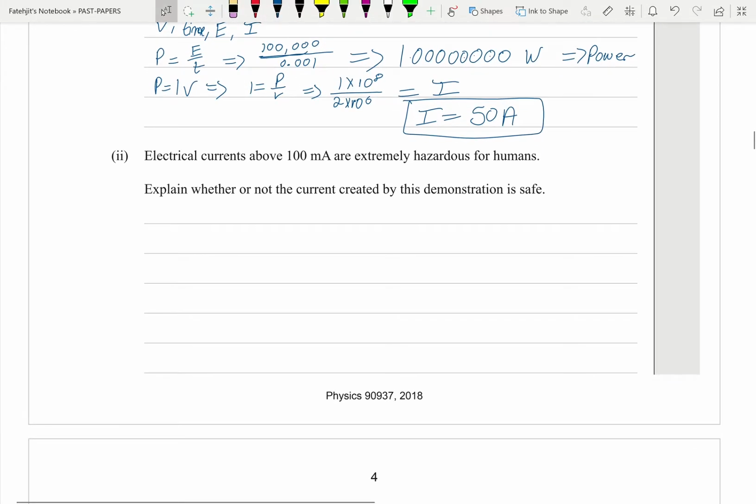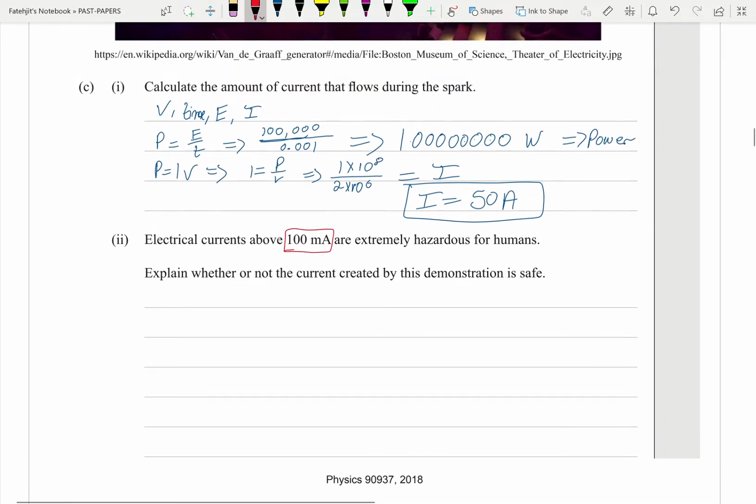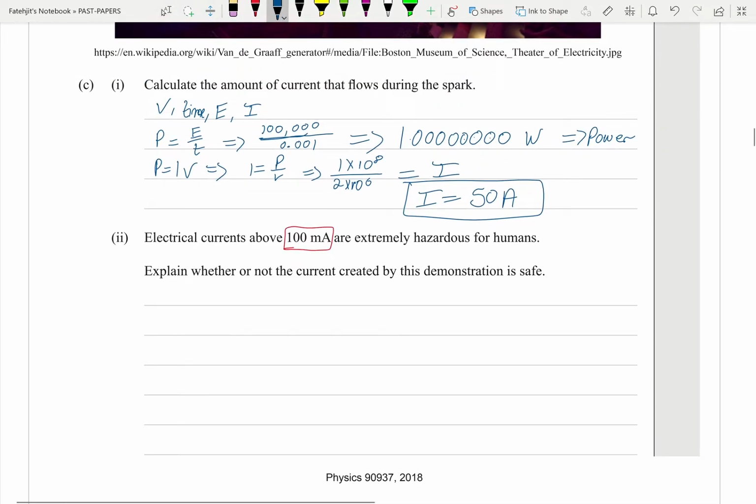Cool. So the next one is about that current. Any current above 100 milliamps is extremely hazardous for humans. Explain whether or not the current created by this demonstration is safe. The straightforward thing to do is convert both these numbers into the same unit. So we use the SI unit, which is amps. To convert 100 milliamps into amps, we do 100 times 10 to the power of -3.